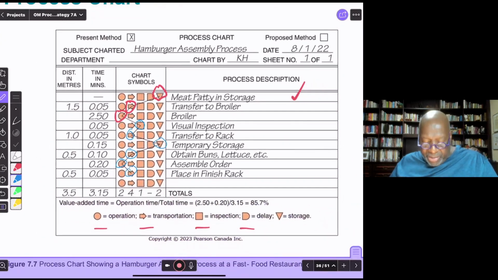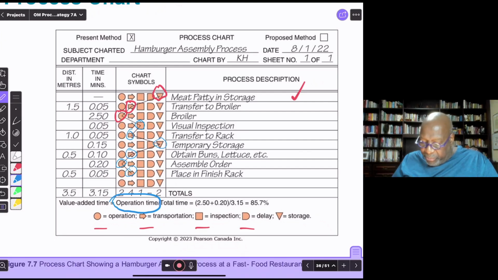So you can kind of do the analysis to determine what's the total time it actually takes to get the burger completed, and the total operating time, the time that you spend operating, not transportation, not storage.